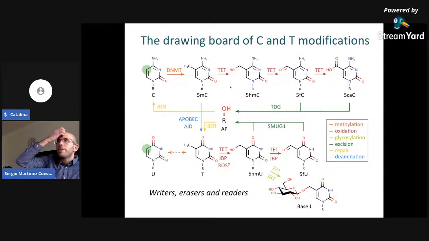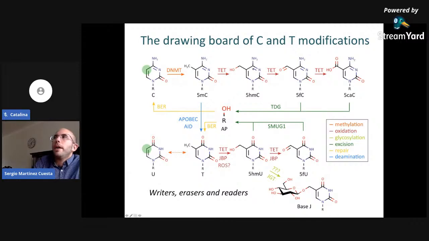So it's well described that nucleotide modifications are produced by families of enzymes. Here I've color-coded the enzymes involved in these pathways, both for the cytosine modification pathway at the top and the thymine modification pathway at the bottom.